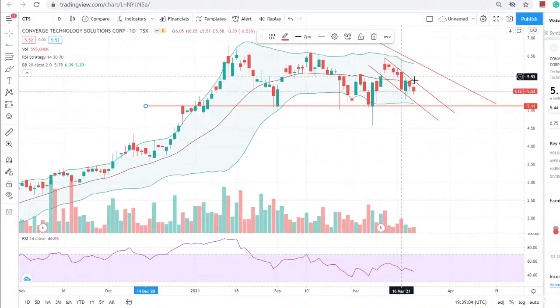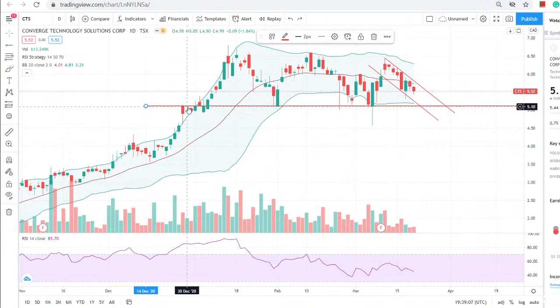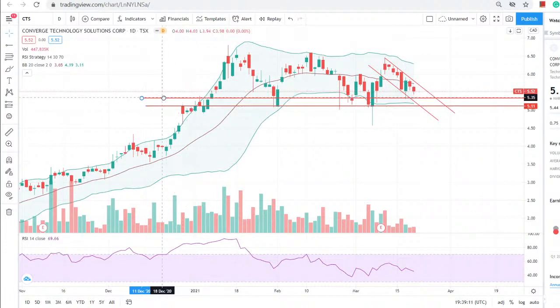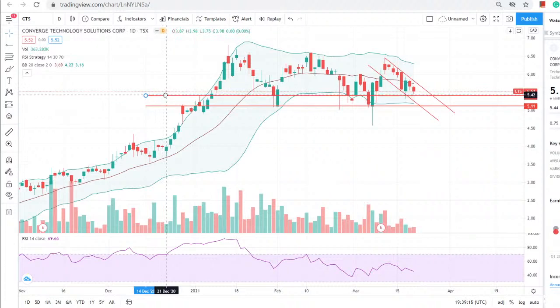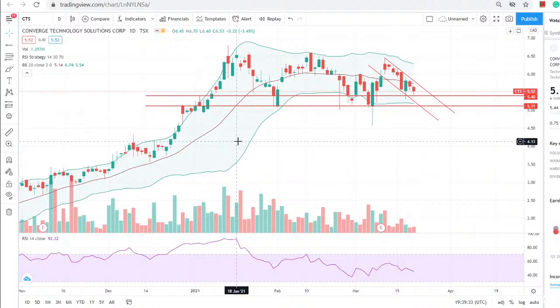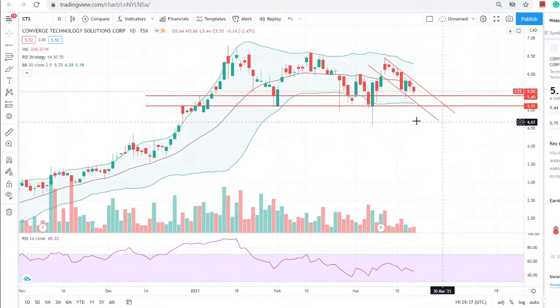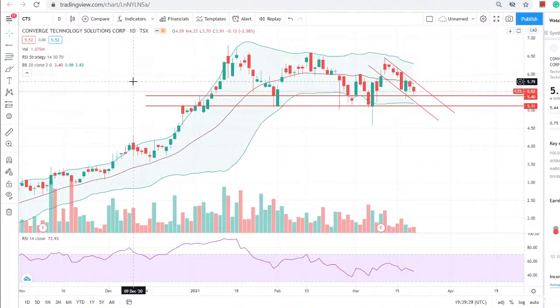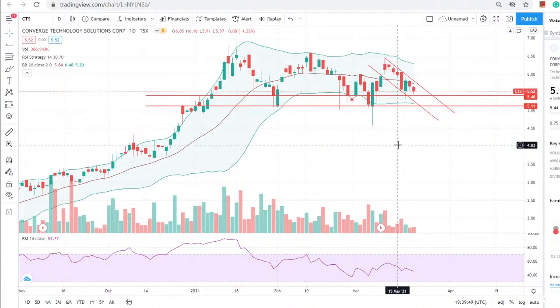That can be S2 and S1. But this looks to be a weak support, so I would say a support of 5.110 would be better for re-entry.